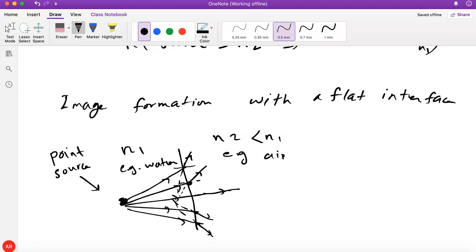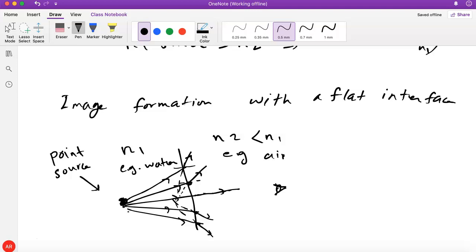Again, these rays, the dashed lines, are not real rays. There's no light there. The actual light is the incident light. But if you trace back these rays that enter the new medium, it seems they're coming from a point that's closer to our eyes. So if you're looking here, it appears that that object is closer.